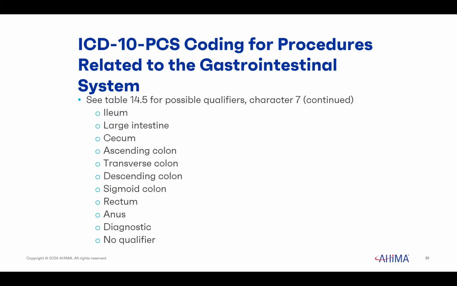Table 14.5 lists other qualifiers: ileum, large intestine, cecum. An important thing to think about with the seventh character is that it's an additional attribute, not necessarily a device, but an additional attribute as per that particular procedure.